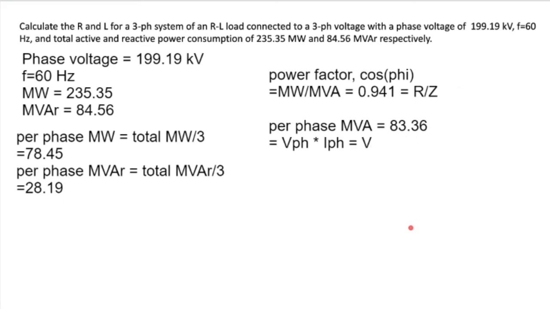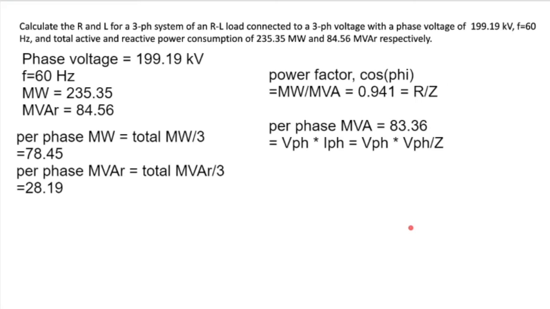Let me write it again like this formula. V phase remains V phase, I phase is V phase over Z. Is that okay? V phase, I phase. Per phase MVA is 83 point.